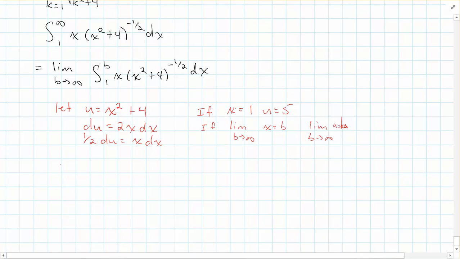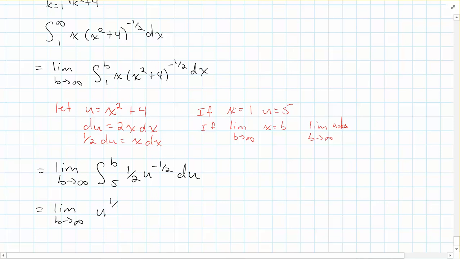So I can still just write that this would be the limit as b goes to infinity of the integral from 5 to b of 1/2 u to the negative 1/2 du, which would be the limit as b goes to infinity of u to the 1/2 evaluated from 5 to b.